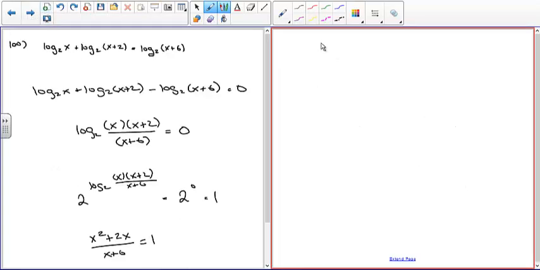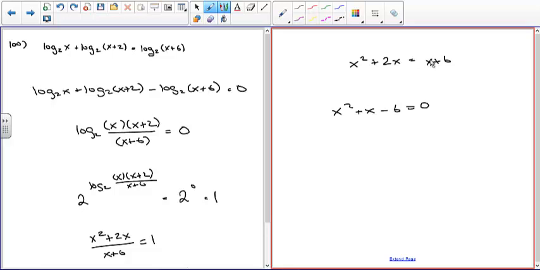So we're going to end up with the quadratic equation here in a second. So multiply both sides by x plus 6. So x plus 6 times 1 is x plus 6. Move this to the other side. So you get x squared plus x minus 6 equals 0.